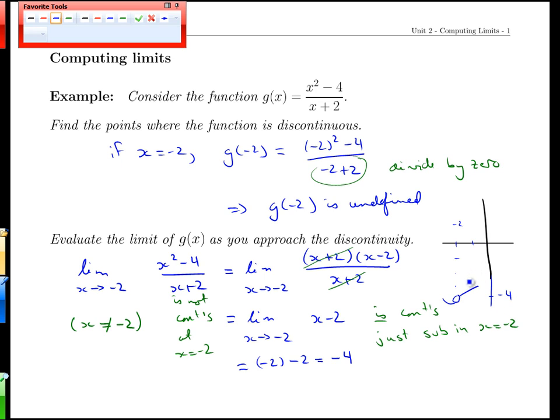As the graph approaches in from the left or the right, we're going to have that value approaching negative 4, but there's going to be a hole there because we can't actually plug in x equals negative 2. So that's what this kind of calculation gives us. We know it's discontinuous, there's a hole, but we know that the function's well behaved. It actually converges towards a particular value as we get closer and closer to that hole in the function.